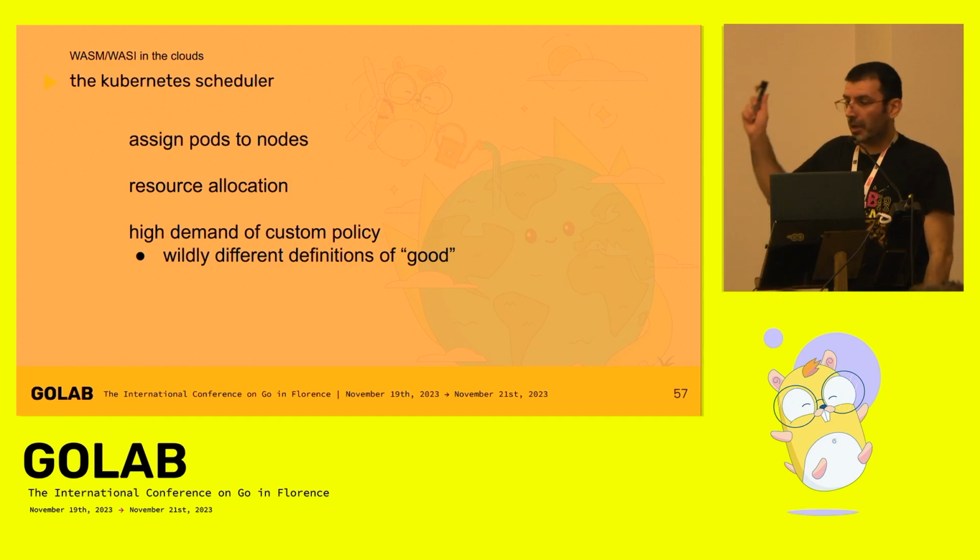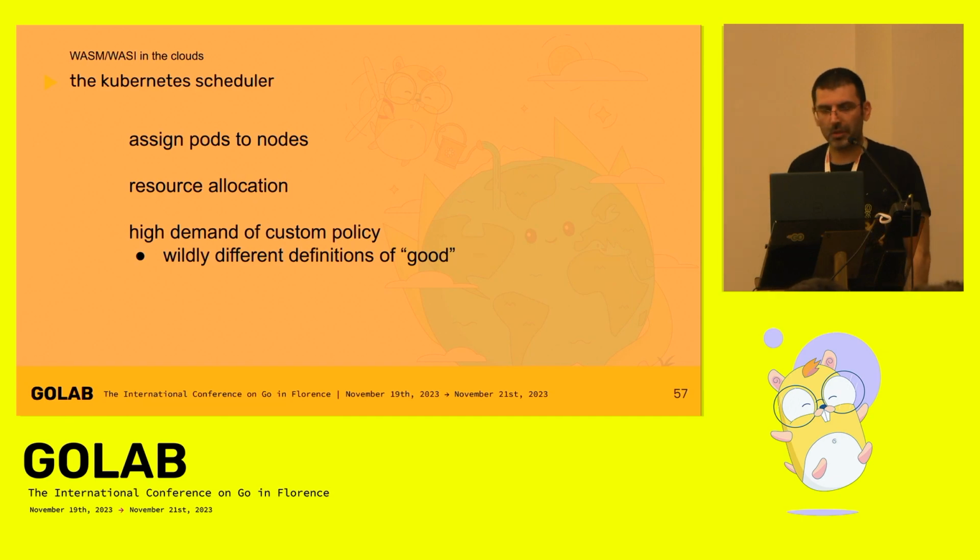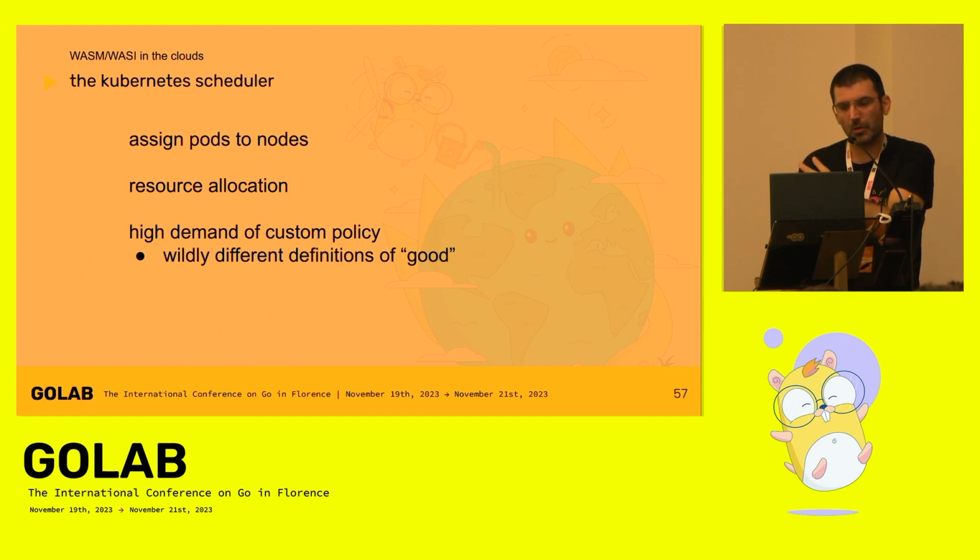The main example I'm going to talk about is the Kubernetes scheduler. The Kubernetes scheduler is the Kubernetes component to which you define your workload, and the job of the scheduler is to figure out what's the best node to actually let it run this workload. What's best? It depends, and this is why we very much want it to be customizable.